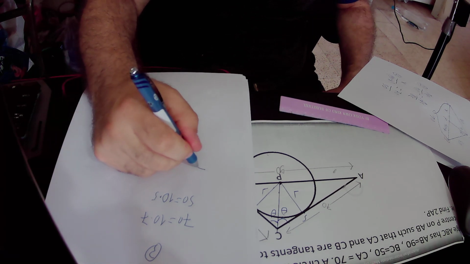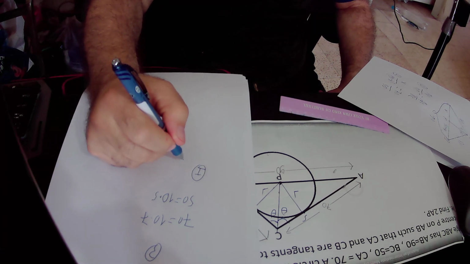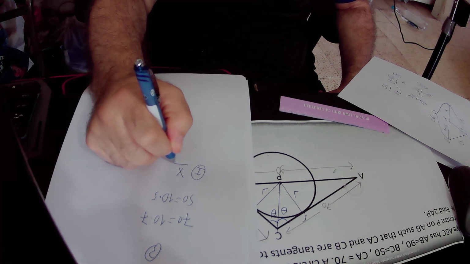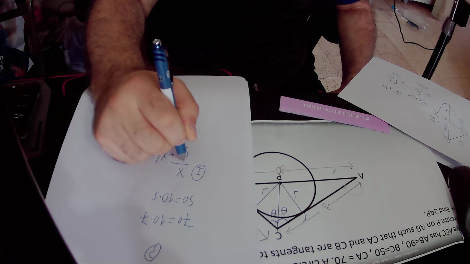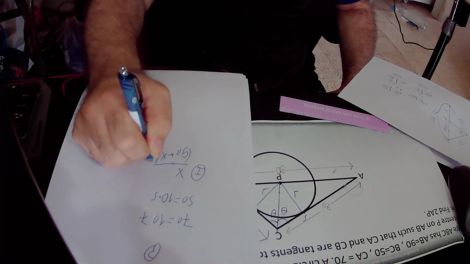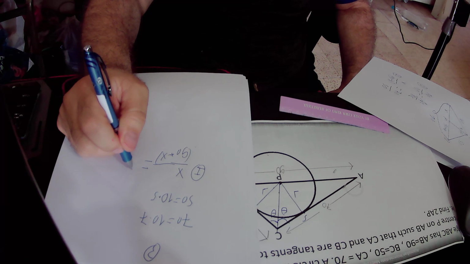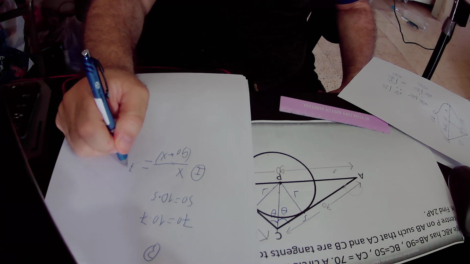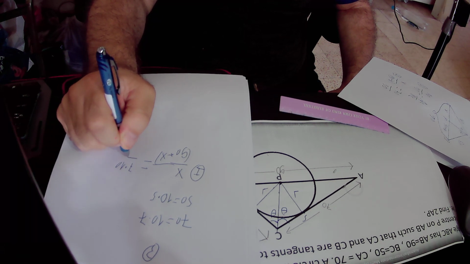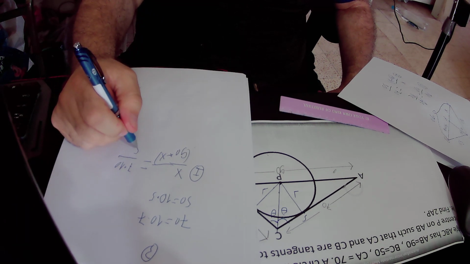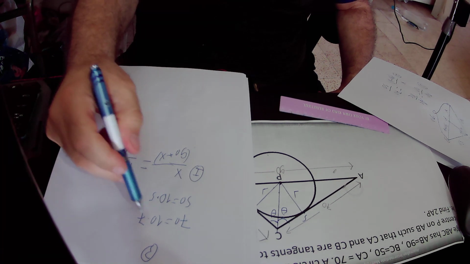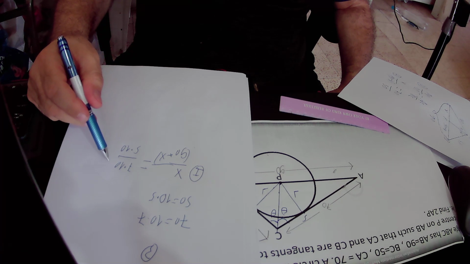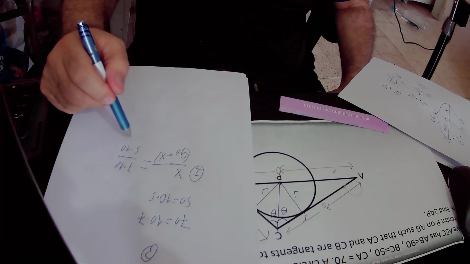So in the first equation we can write that x over 90 minus x equals 7 times 10 divided by 5 times 10, because 70 is 7 times 10 and 50 is 5 times 10.